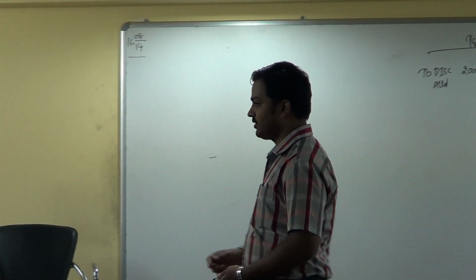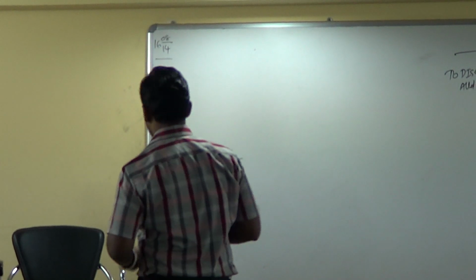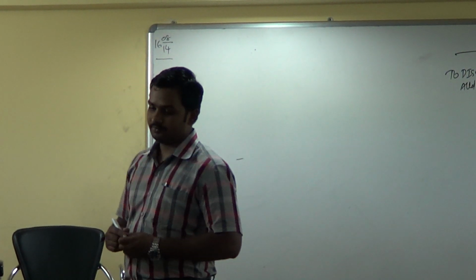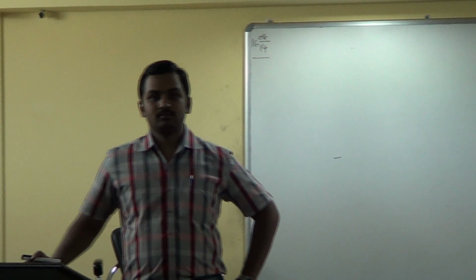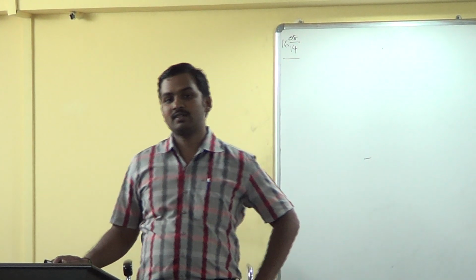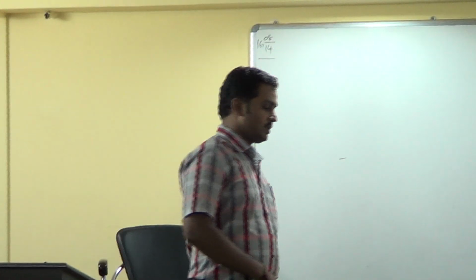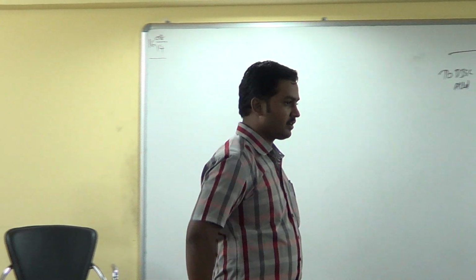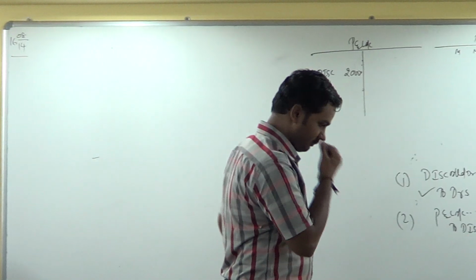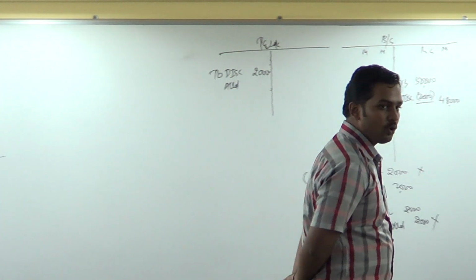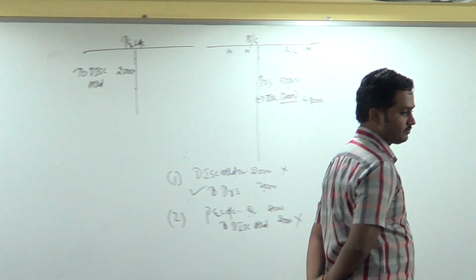Next problem. Extract of a trial balance. Write down debtors, debit balance 1 lakh. Close the trial balance.